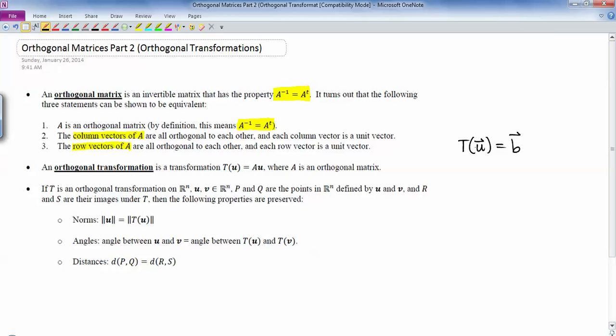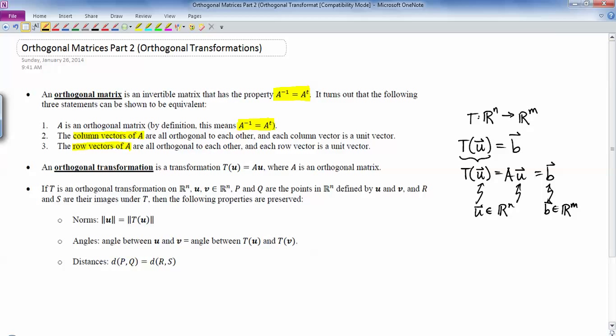And really the way that you can represent this transformation is with matrix multiplication, A times U, and that would equal B in this case. If we say T goes from Rn to Rm, then U has to be in Rn, and B has to be in Rm.